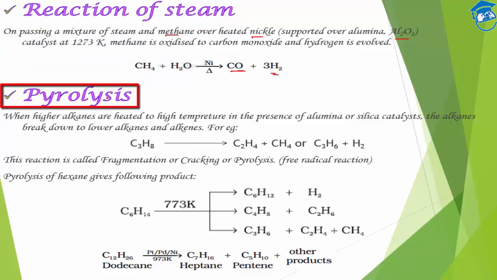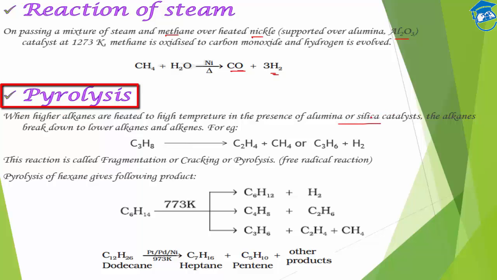Next is pyrolysis. Pyrolysis simply means fragmentation, that is heating at a very high temperature so that the bonds break. Basically, we heat a higher alkane at a very high temperature in presence of a suitable catalyst like alumina or silica.